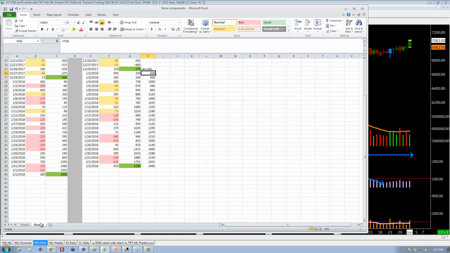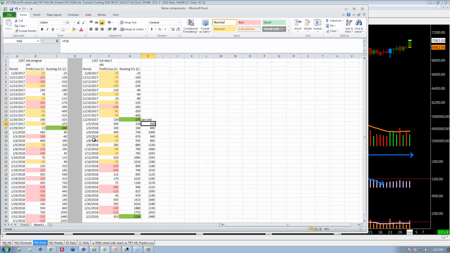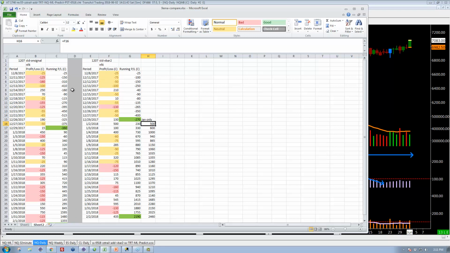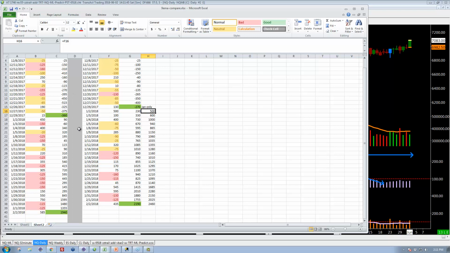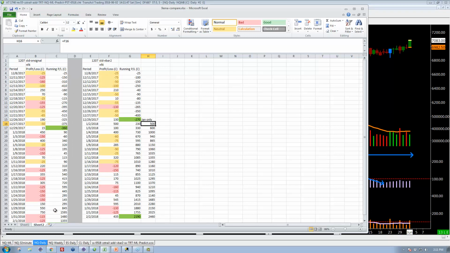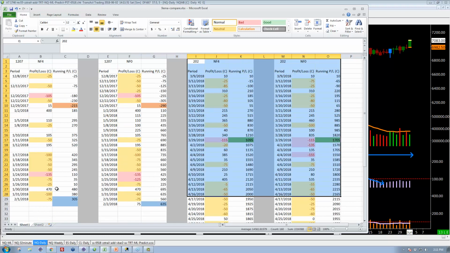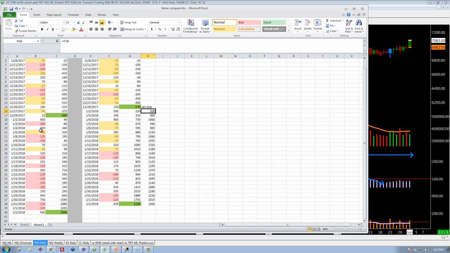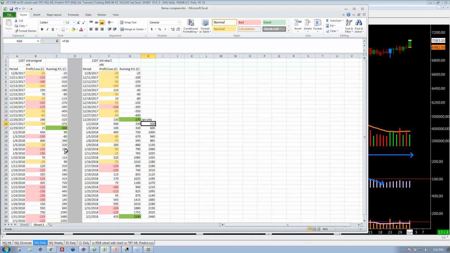Is it here? Where is it? Okay, here, and this is what's kind of important: this method that uses the 9 EMA to filter, this is just the normal approach.